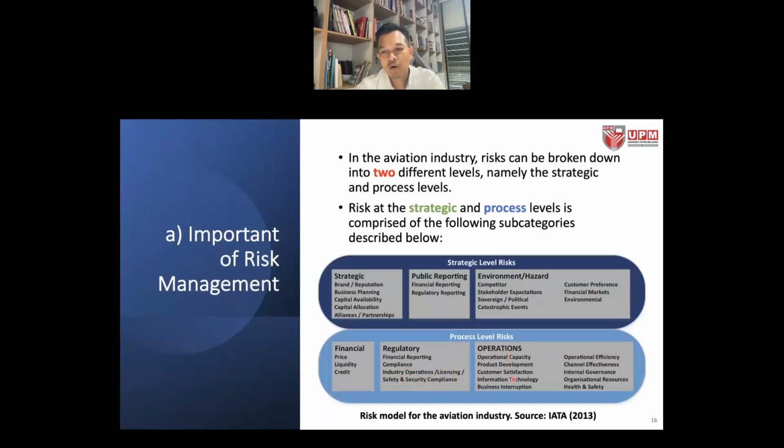Then operation covers all the activity related to operational capacity, product development, customer satisfaction, information technology, business interruption, operational efficiency, channel effectiveness, internal governance, organizational resources, as well as health and safety. So when you have a discussion or meeting on aviation industry risk, you normally have the strategic level risk and then look into the process level risk. Okay.